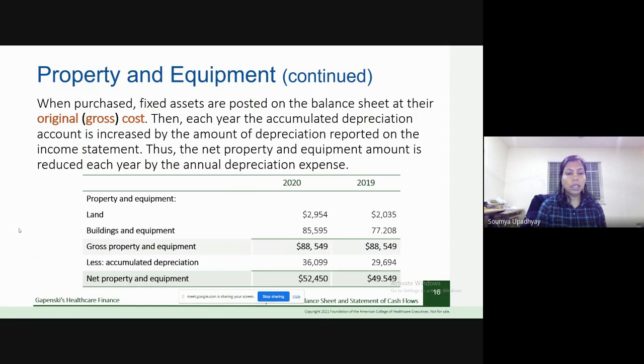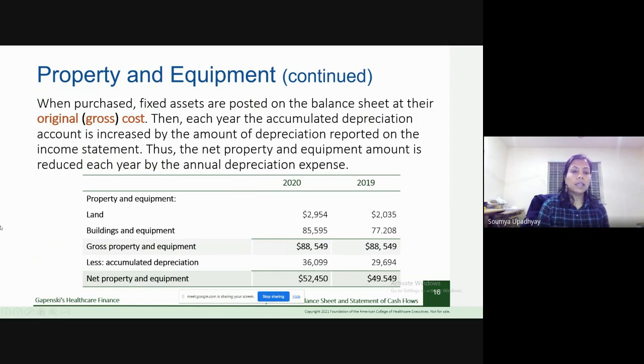If you bought a building for $100,000, you will report it at $100,000. Then each year, the accumulated depreciation account is increased by the amount of depreciation reported on the income statement, so the net property and equipment amount is reduced each year by the depreciation expense.